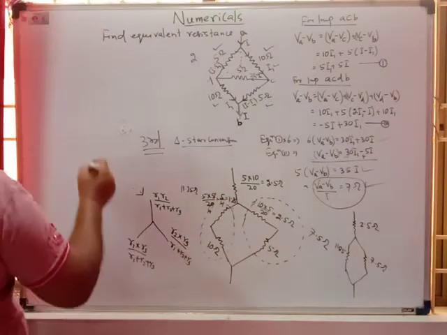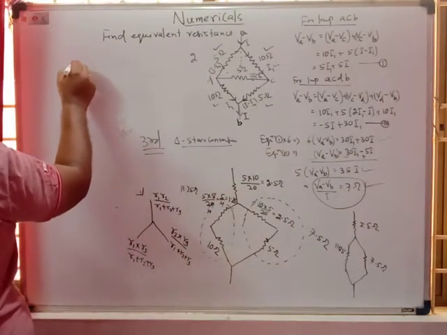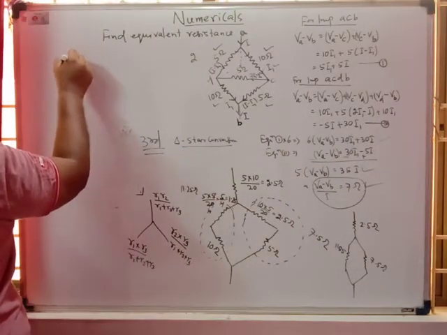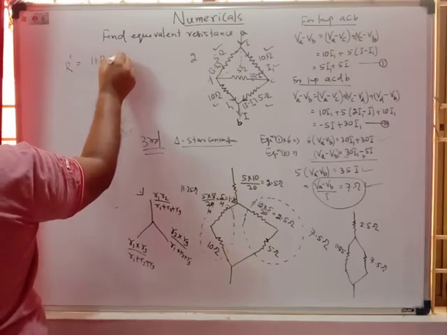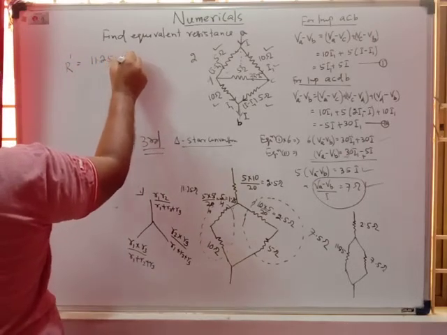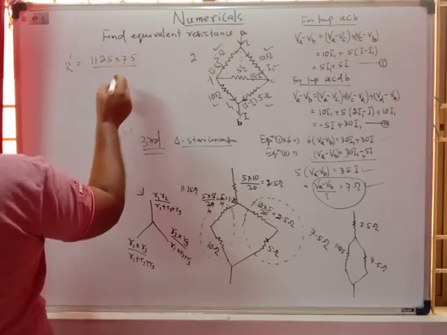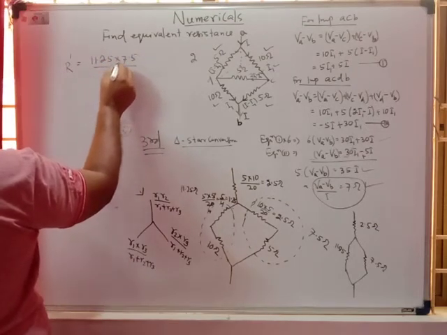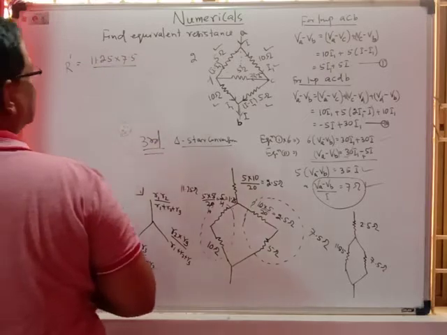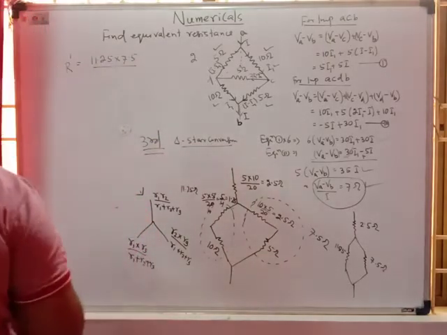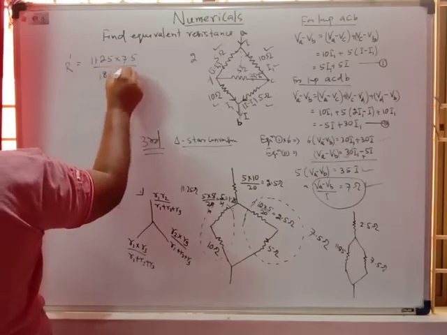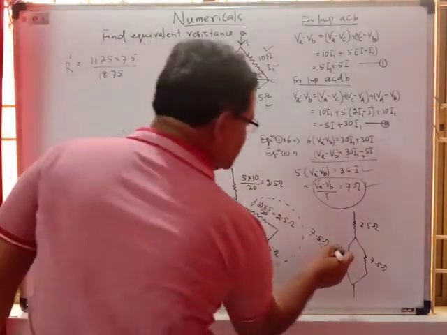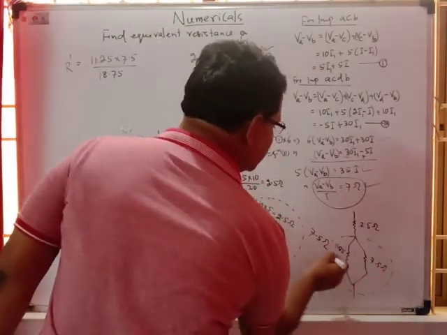The equivalent, R dash, is 11.25 multiplied by 7.5, whole divided by 11.25 plus 7.5, that is 18.75. This is this portion.